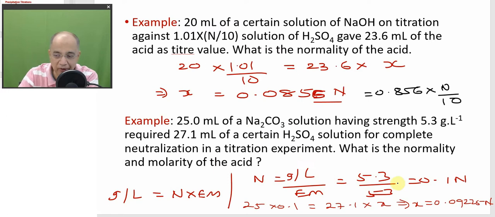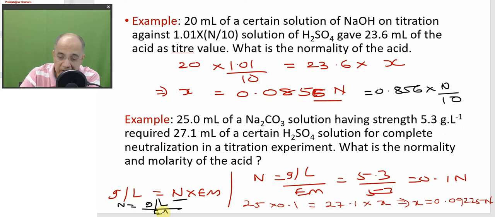First, let us go for V1N1. First, let us find out what is the normality of sodium carbonate. Strength in grams per liter is equal to normality into equivalent mass. So normality is equal to strength in grams per liter by equivalent mass.